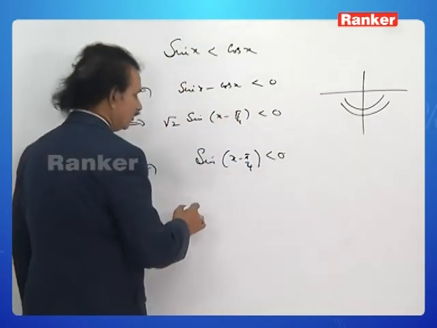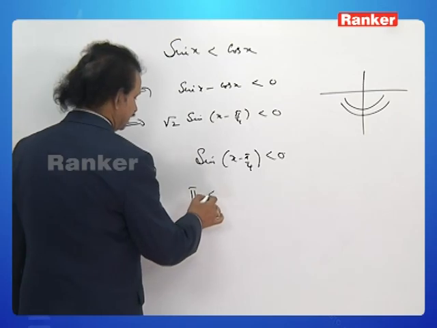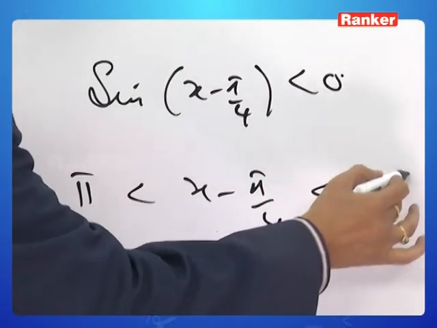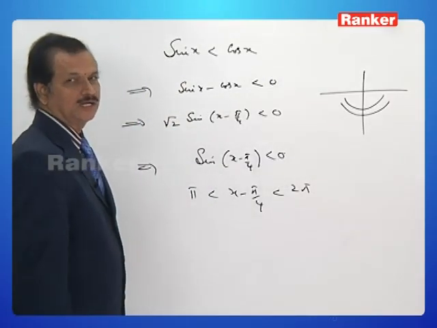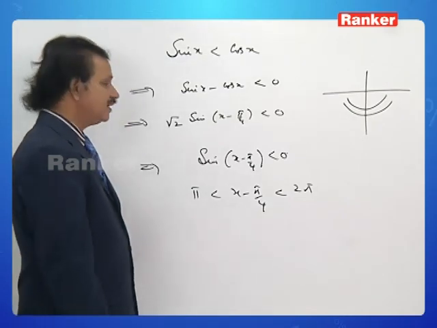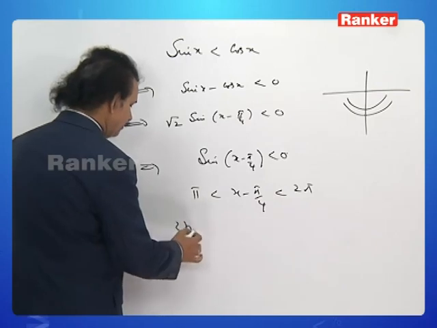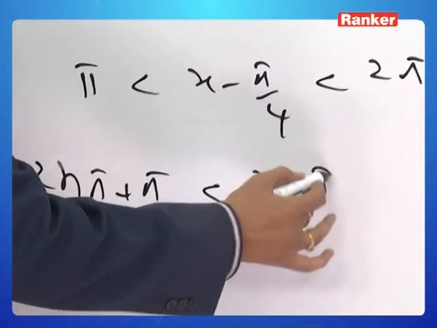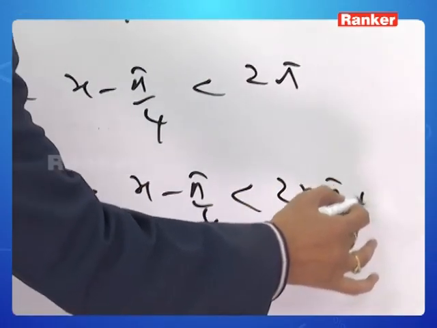So pi less than x minus pi by 4 less than 2 pi. And this will be true for general solution also: 2n pi plus pi less than x minus pi by 4 less than 2n pi plus 2 pi.